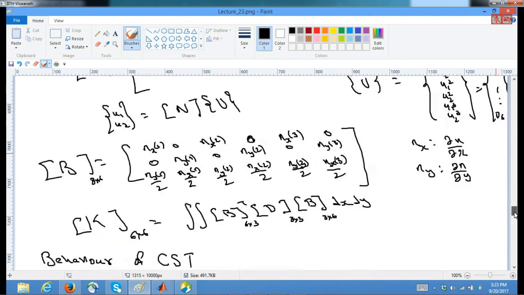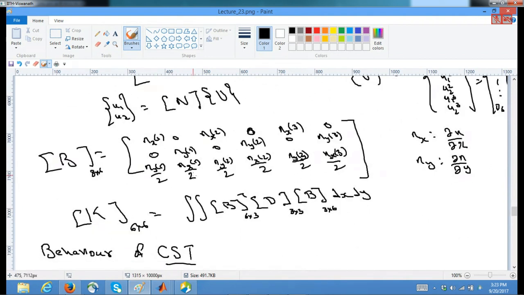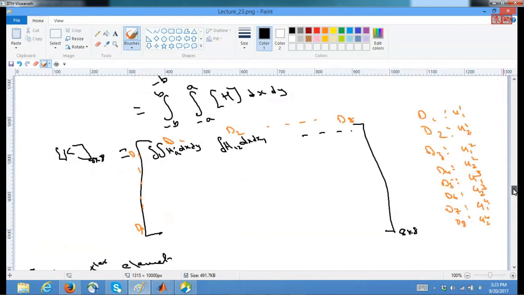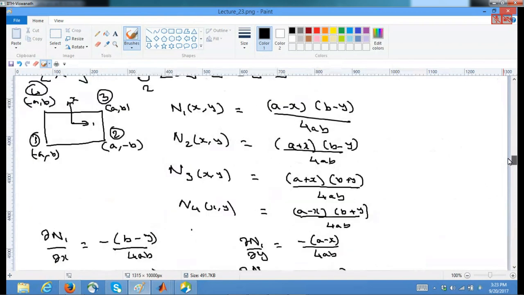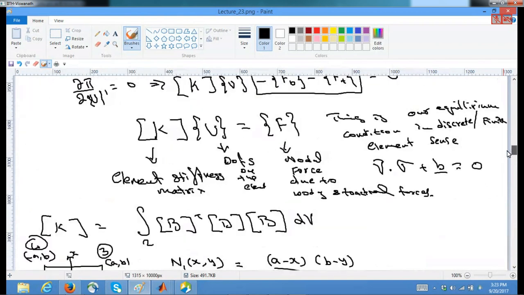So if B is a constant matrix, then automatically your strain is constant. For a triangle it is just linear in terms of x and y, there is no xy term involved in it, unlike this quad where you have a basis vector which has x and y involved in it.